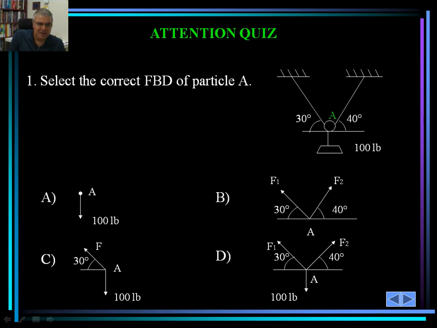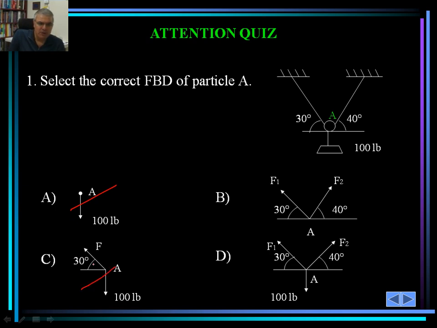Okay, this is an attention quiz here. I want you to take a look at this quiz, a very interesting quiz, and it's pretty conceptual. We select the correct free body diagram of particle A. Look at all the forces, look at all the angles, and look at the way it's shown.